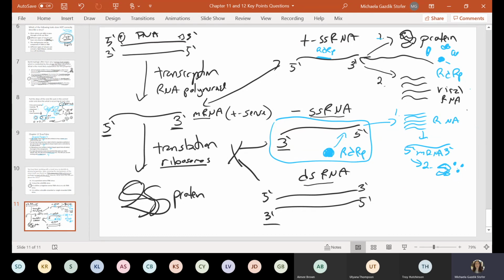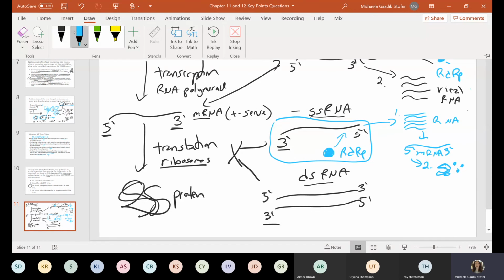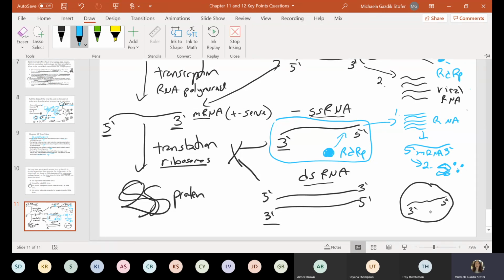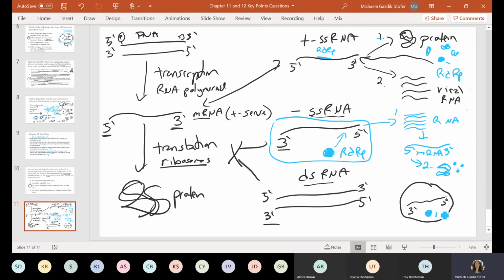What that means is if you look at the virion itself, if we looked at the virus, we would have a capsid. We would have, say, that 3' to 5' genome, which we just drew already. We've got the nucleic acid surrounded by the capsid. But as part of the virus itself, we would also have that RDRP enzyme.